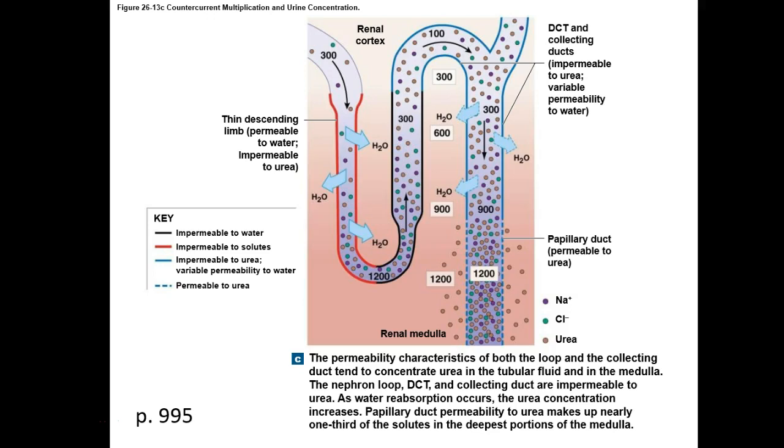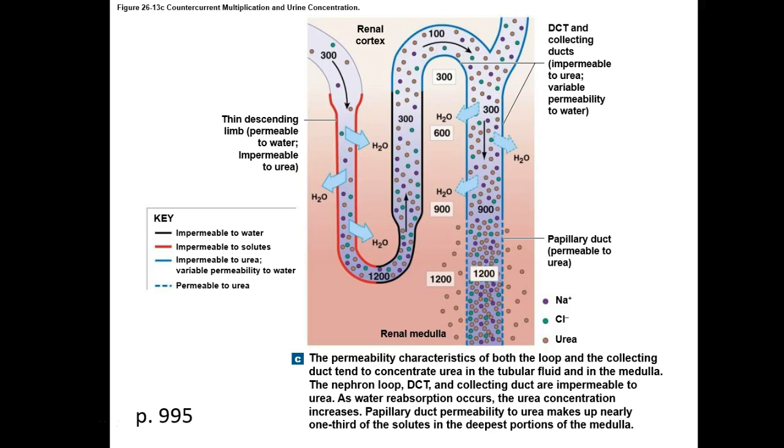And then this is closer to what you have in your book. We're at the end of the distal convoluted tubule into the collecting duct. In the collecting duct, remember this one can be permeable or impermeable depending on the body's needs.